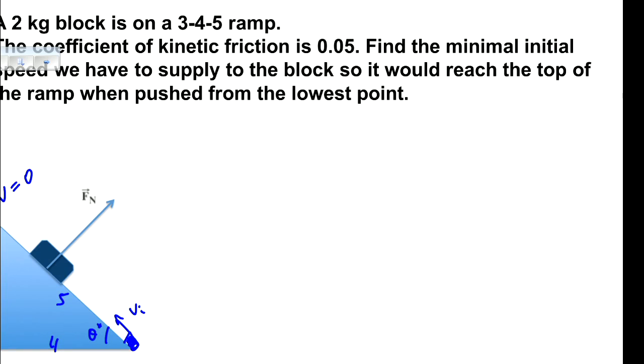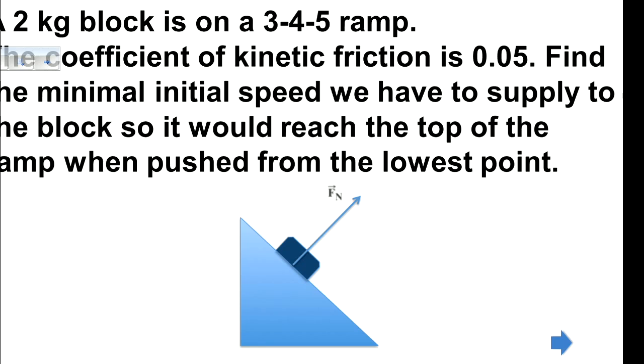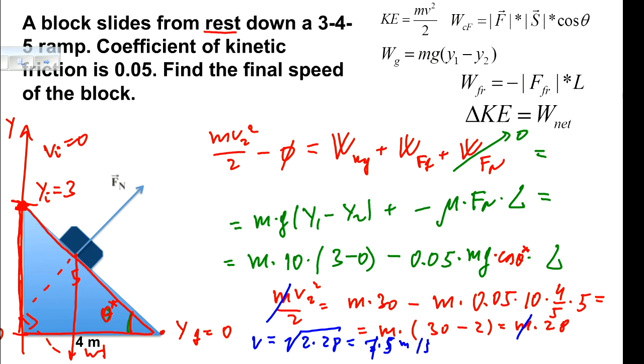But, well, gravity, velocity. How does friction point now? Opposite to velocity. So friction, in this problem, points up the ramp, and the work done by friction is negative.